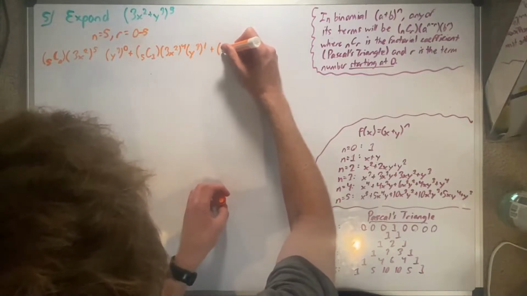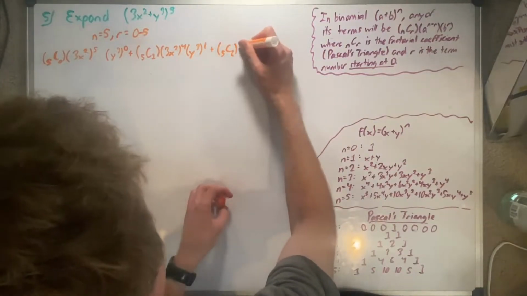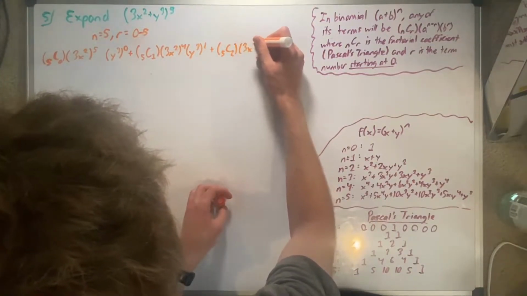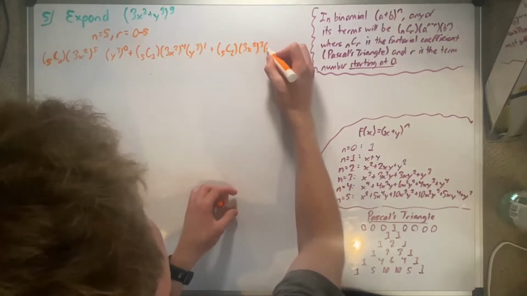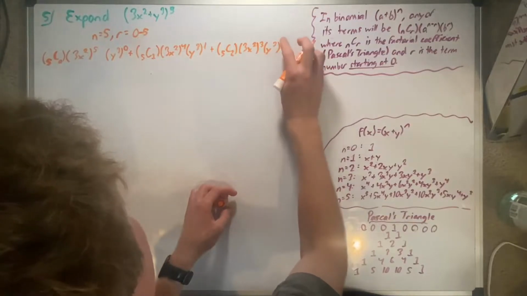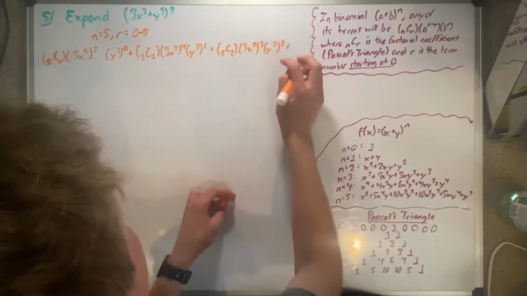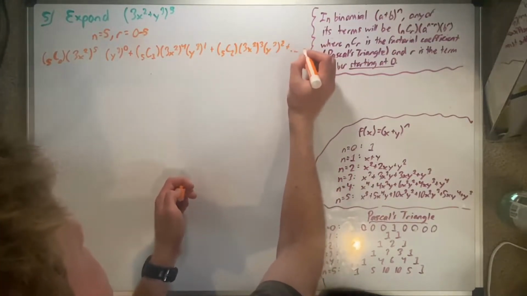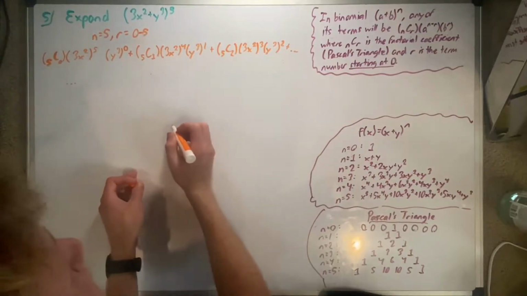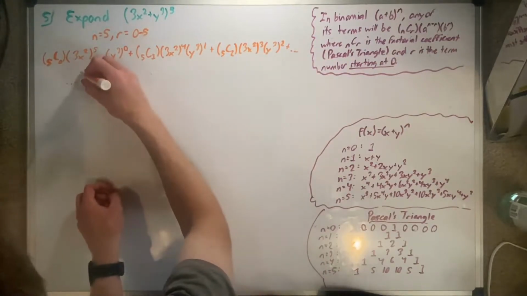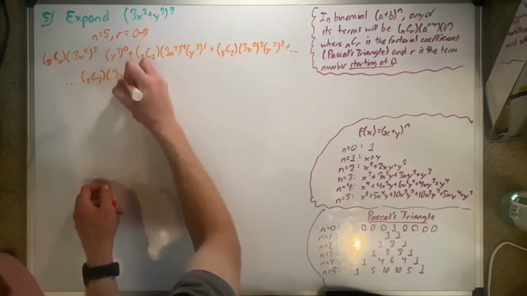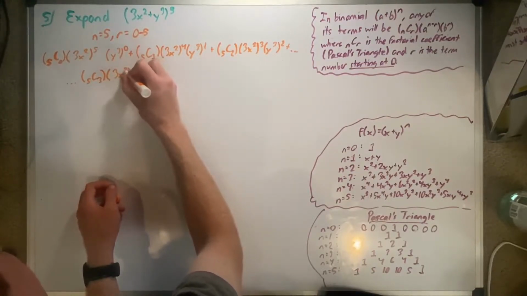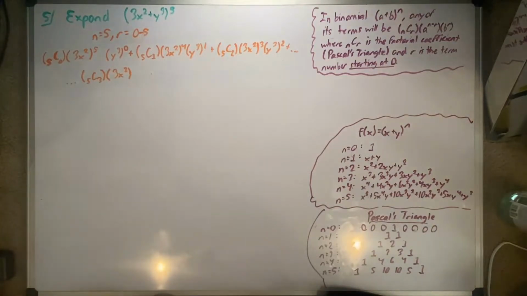Plus 5C2, 3x squared, all cubed, y, that nonsense, plus, and then I'm going to have it carry over to here by using those dots. 5C3, 3x squared. If you don't understand what I'm doing, please recap on my number 4.